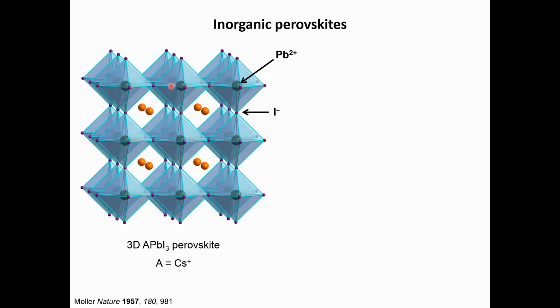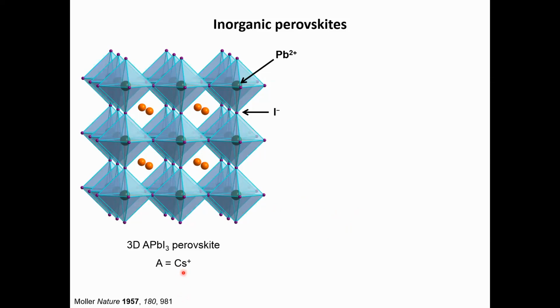So we see this corner sharing connectivity in this turquoise octahedra extending in 3 dimensions. This framework that I have highlighted in turquoise has a negative charge. So to balance that charge, small cations have to sit in the cavities of this framework. When that cation is inorganic, like cesium, rubidium, sodium, this is your standard inorganic halide perovskite.